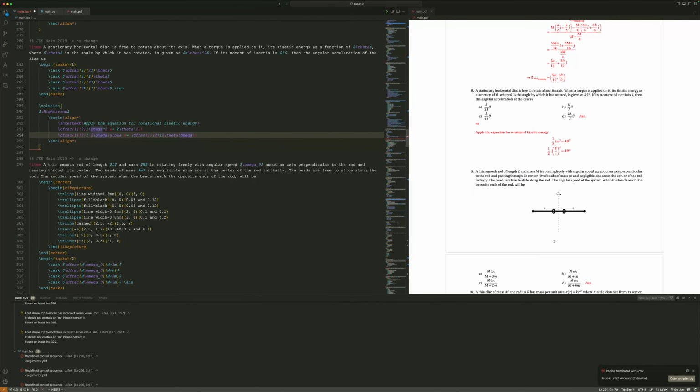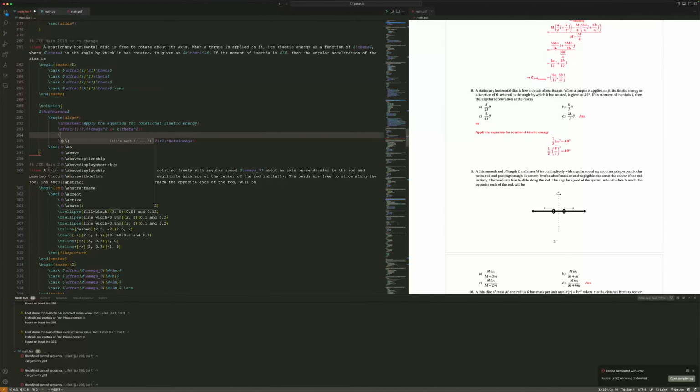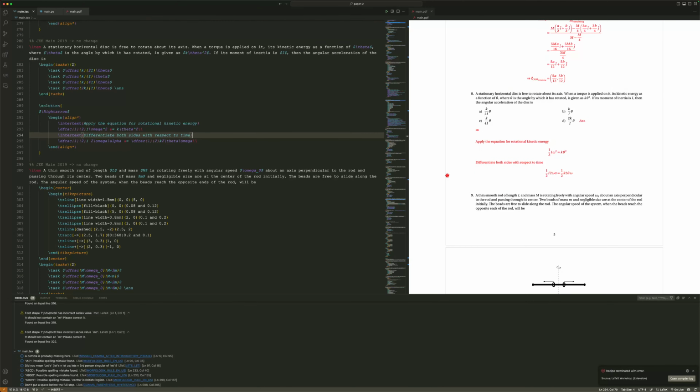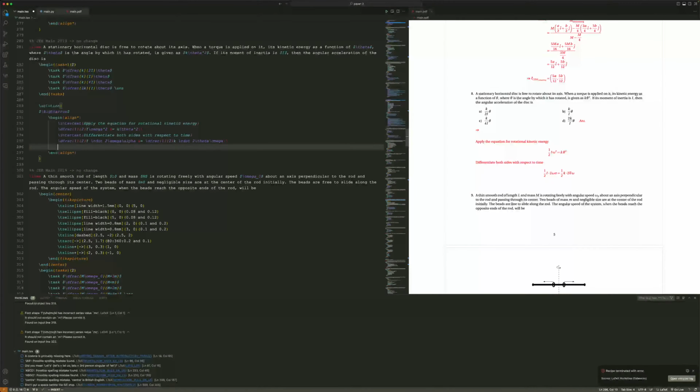I'll just differentiate both sides. Let's put the intertext. Differentiate both sides. Oh wow, it suggested very frequently. Let's put c dot, which will separate, and again here also put c dot, which will separate the derivative and the constant term. And now we can find the alpha.